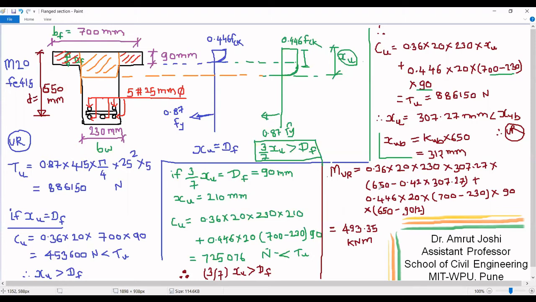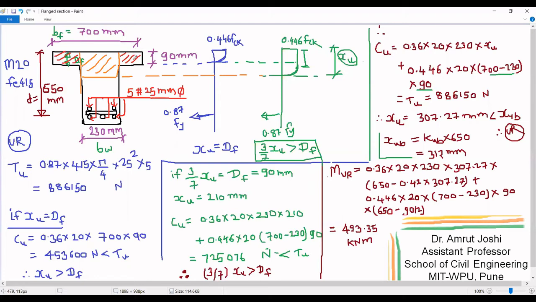We know its lever arm is d minus 0.42 xu. So look at this expression. This is the lever arm, 650 minus 0.42 times 307.27, which is xu. And the compressive force offered by this rectangular section is 0.36 FCK BW into 307.27, which is xu. So this first term gives the contribution of this rectangular portion in producing moment of resistance.